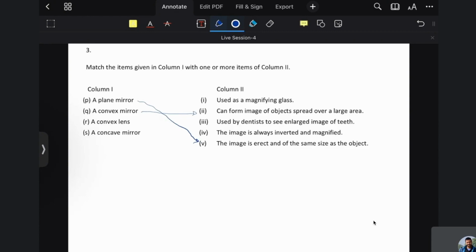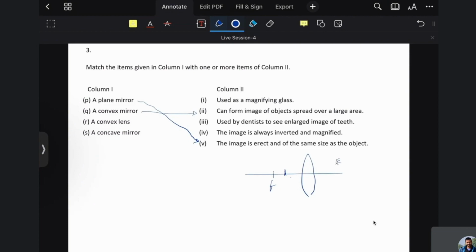Then a convex lens is a converging lens, and it can form a magnified image of the object, right? If the object is placed near, so suppose this is the focal length. If the object is here, it can magnify it if you are looking from here.